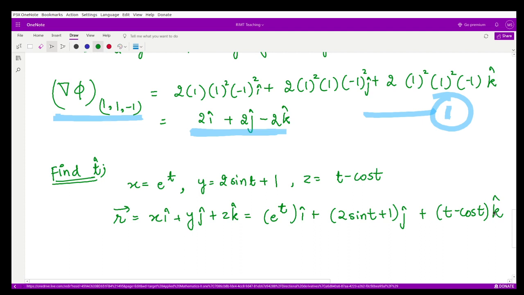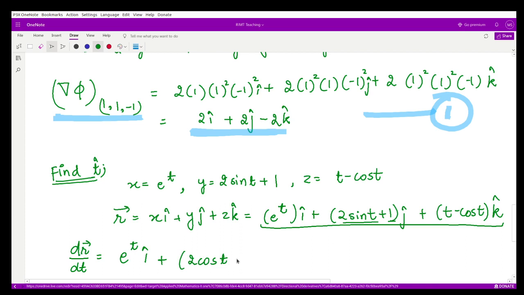So this is my position vector, and what is the tangent according to this curve? You know, the tangent is obtained when you differentiate it with respect to time. So this is the position vector corresponding to tangent at any point. So if you obtain this, that means you have to differentiate this quantity with respect to t. So e to the power t would remain as such, right? So there is no change in this. And when you differentiate 2 sine t plus 1, you will get 2 cos t, right?